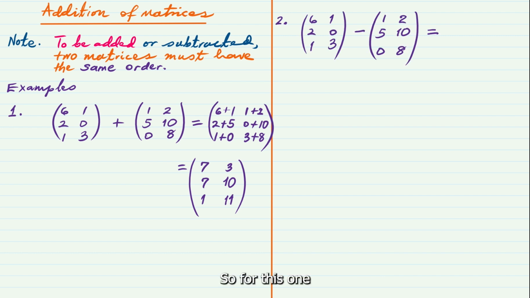So for this one, we have 6 minus 1. That's this 6 minus this one. And then we have 1 minus 2. And then we have 2 minus 5. We have 0 minus 10. You have 1 minus 0.